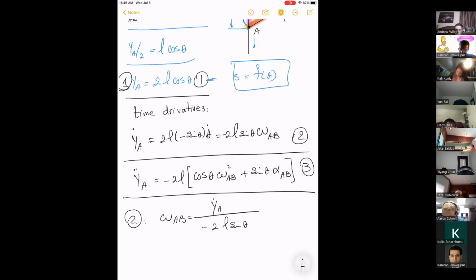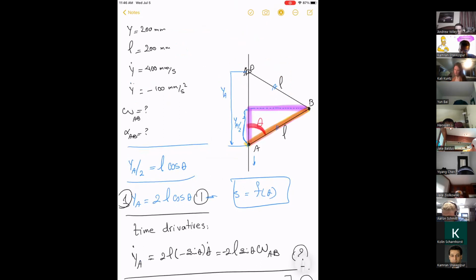How much is theta? The problem says when YA is 200, right? YA is 200 and L is 200. So this and this are the same. What do you call this triangle? Come on, guys.